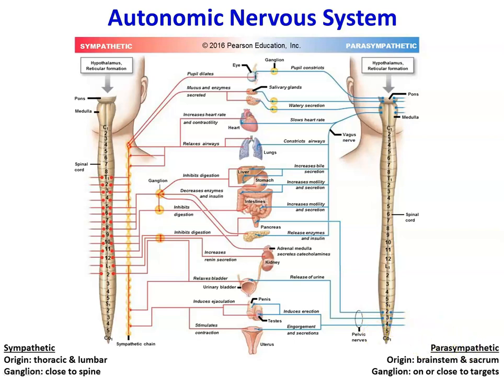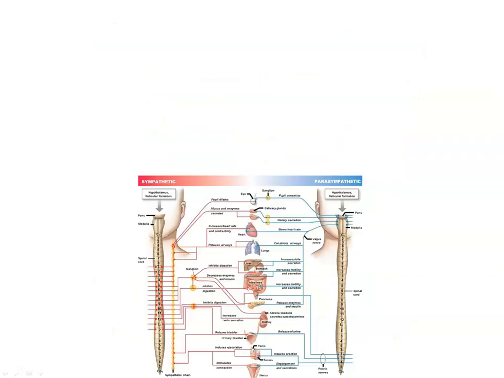Now I want to go through all of the different functions of the sympathetic and parasympathetic and what organs they innervate. I want to go over what's happening when the sympathetic upregulates an organ or when the parasympathetic upregulates a certain organ.